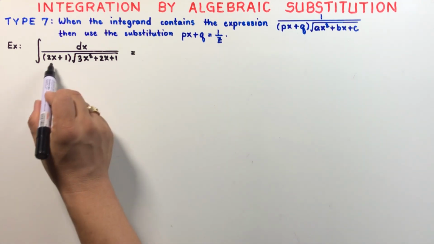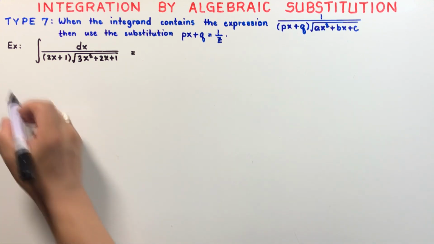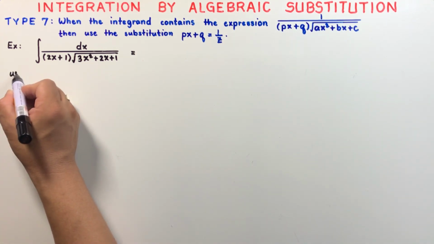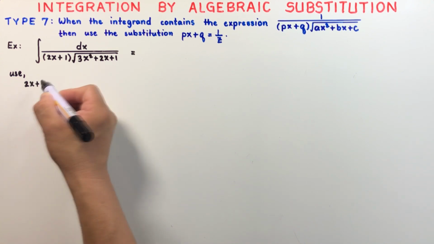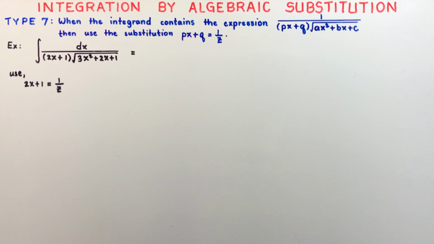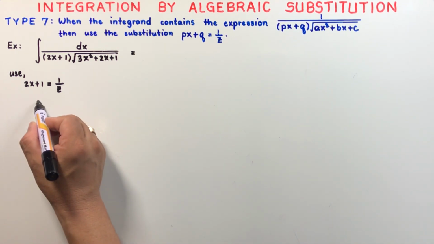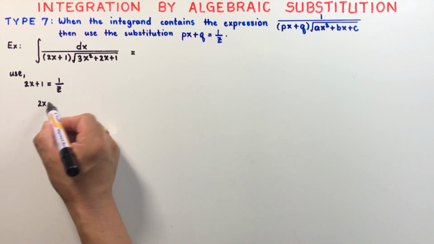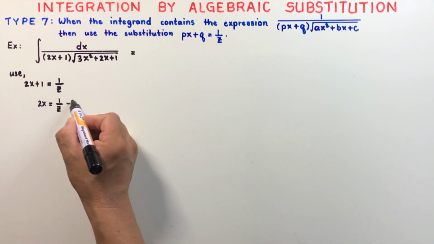And since this radicand is of the form type 7, then we use our substitution of 2x plus 1 equal to 1 over z. And solving for x, we subtract both sides of the equation by 1. So 2x is equal to 1 over z minus 1.